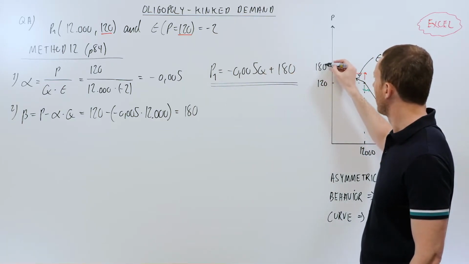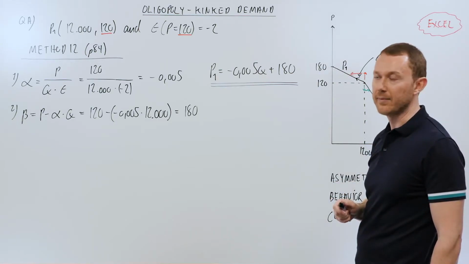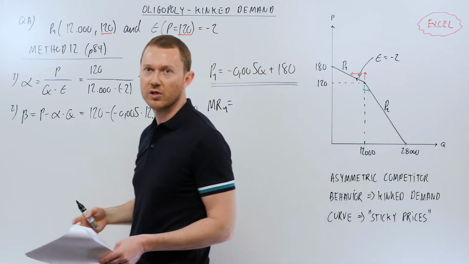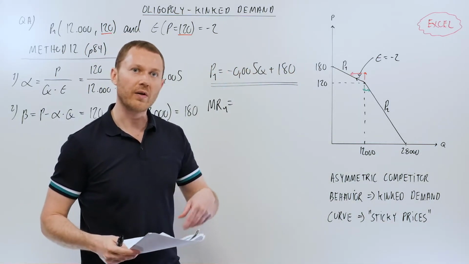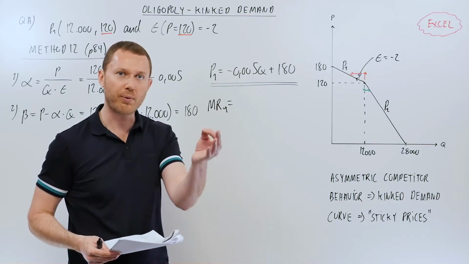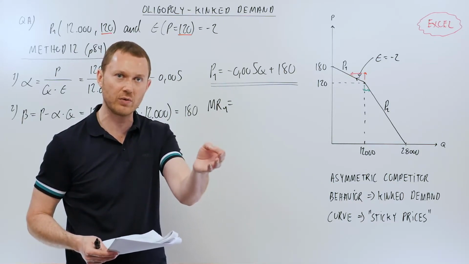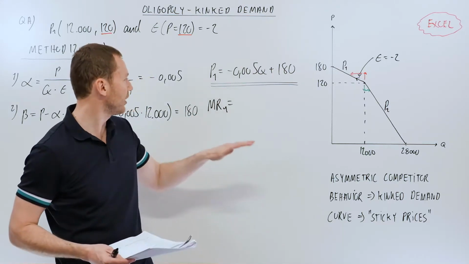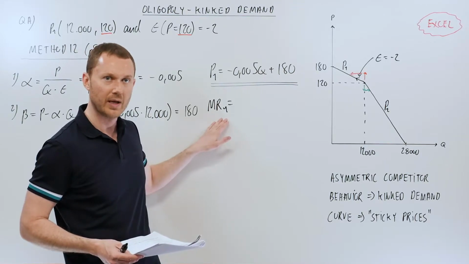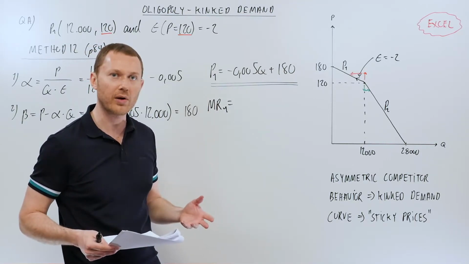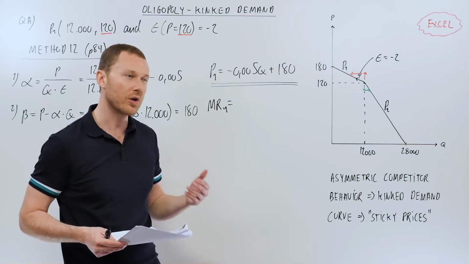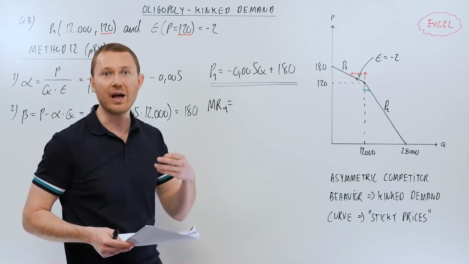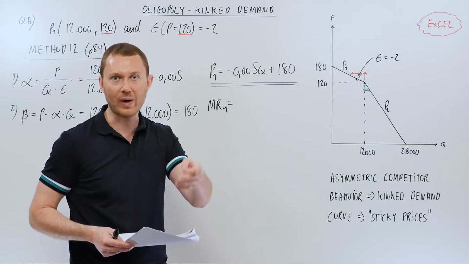Now we know it starts in 180. Deriving the MR function from the P function, you can do two things. You can first multiply by Q, price times quantity gives you total revenue. Then you can differentiate the total revenue, which gives us marginal revenue. Perhaps you've taken one of my earlier courses where you know that when P is a linear function, MR will give you a linear function, but with twice the slope.